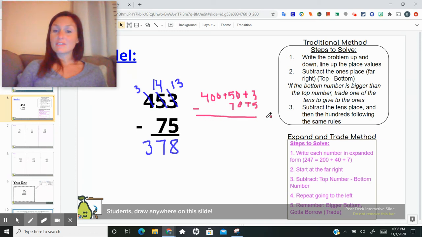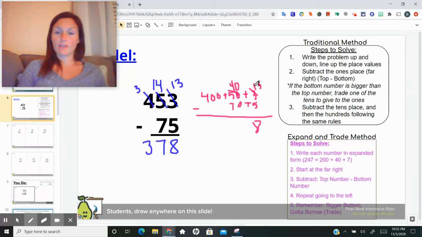And now you do the same things I did. 3 minus 5, you realize you can't do it, right? And then you realize you have to take a 10 from here. That's now 40. And this is now 13 because you took a 10 from here and you put it here.